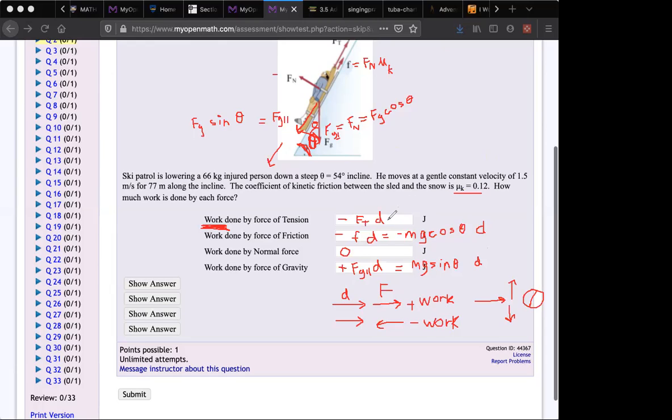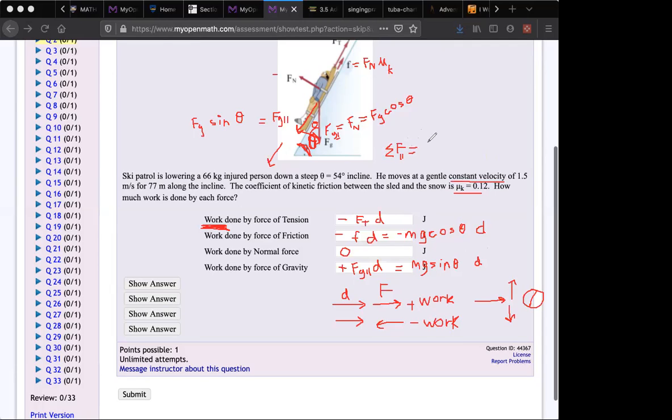Now the last one is the one that you have to go back to Newton's second law for and say, well, all the forces have to add together to equal 0, because this thing is not moving with any acceleration. It has a constant velocity. So all these forces in the parallel direction have to add together.